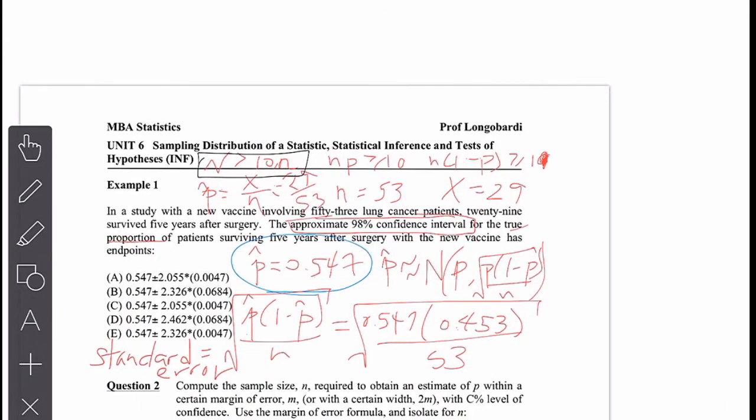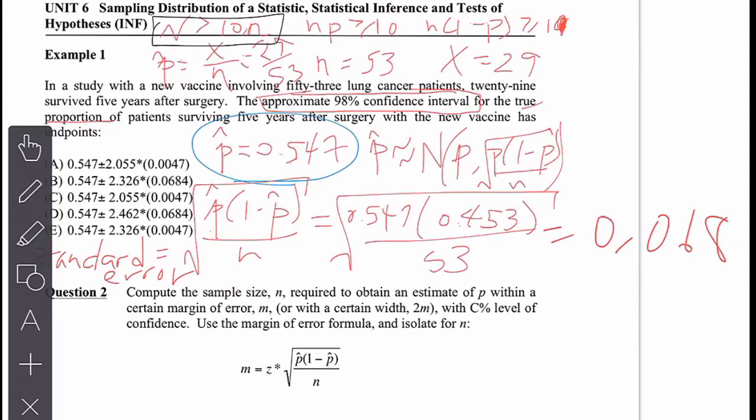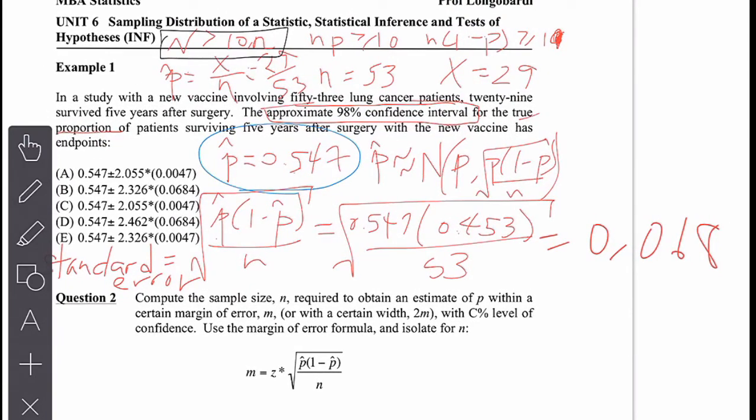It's going to be 0.0684, or just 3 decimal places, 0.068. And so, looking at my options for answers, it has to be B or D.